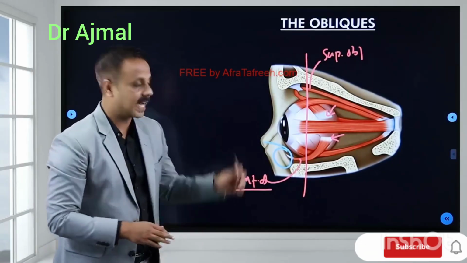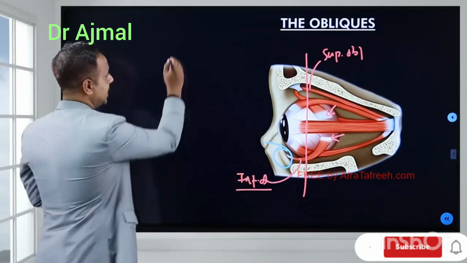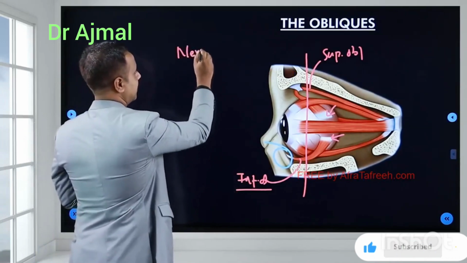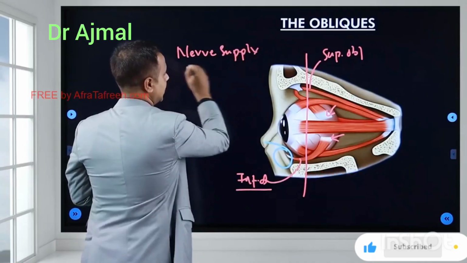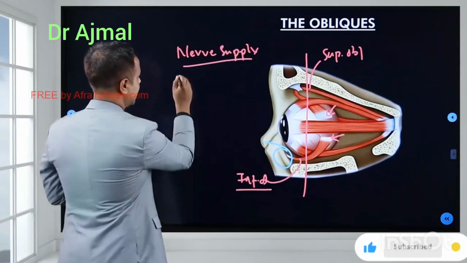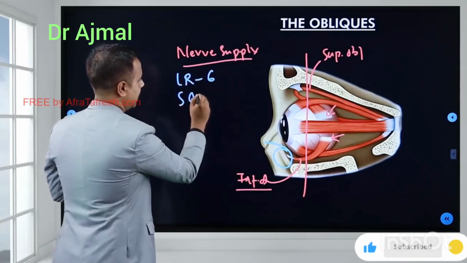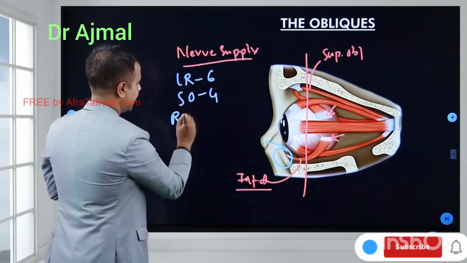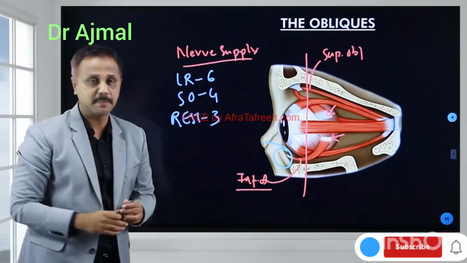Before we discuss the action of these muscles, recti and obliques, we need to know regarding their nerve supply. Now, nerve supply of the extraocular muscles can be easily remembered by a mnemonic which goes like this: LR6, SO4 and rest by 3. What do we mean by this?